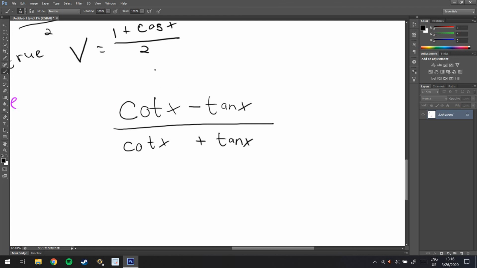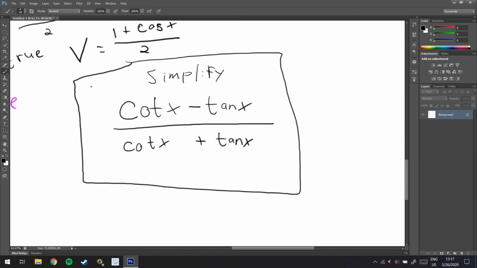This one is just simplifying, you're not verifying. It's very important to make sure you write things in terms of sine and cosine to start, and then make sure you can actually add and subtract numerators by having a common denominator.